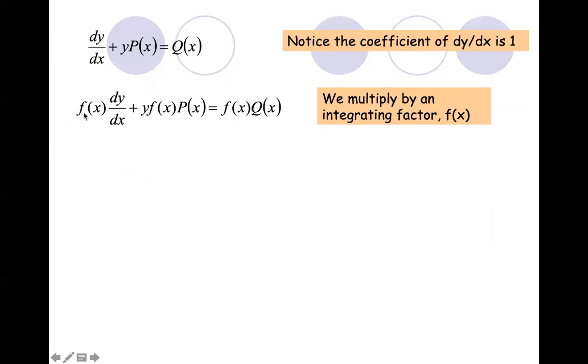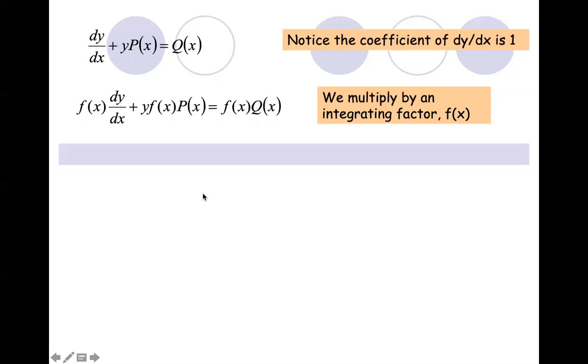So you can easily see from here that here we keep f of x constant, then we differentiate y to get dy/dx, and then in this term we keep y constant, and then we differentiate f of x to get f of x times p of x.